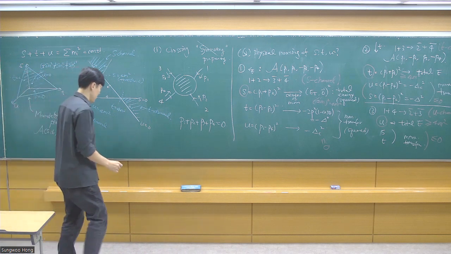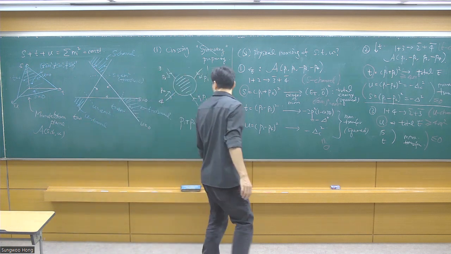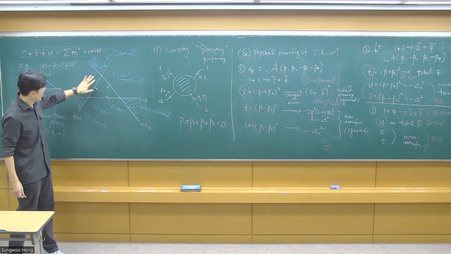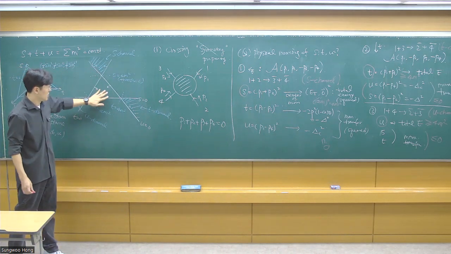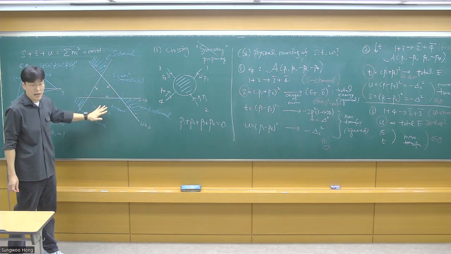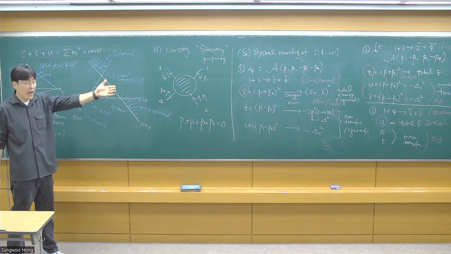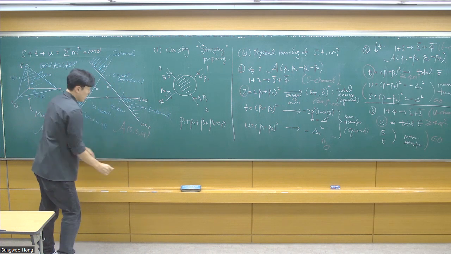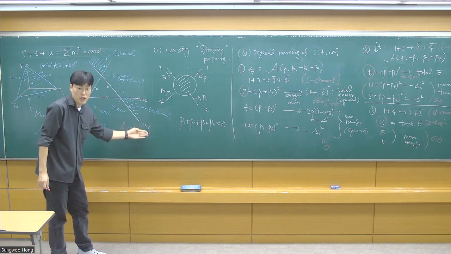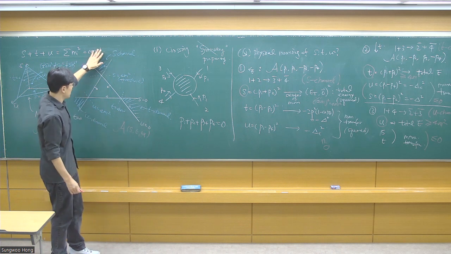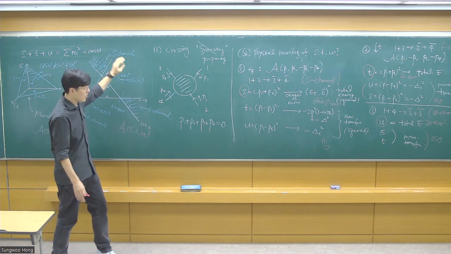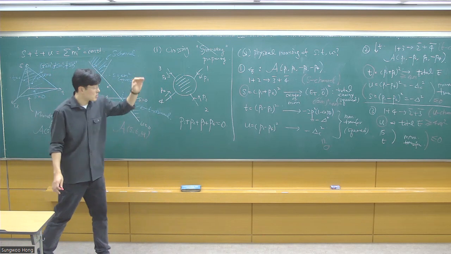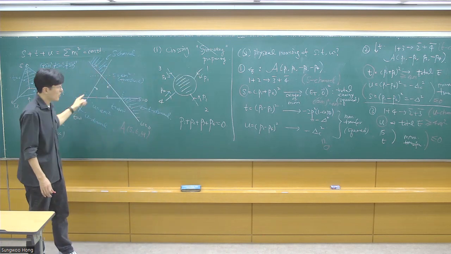Now we are prepared enough to state the crossing. First of all, if you are somewhere else, here and there, there is no other possible physical process happening. Take the function A of S, T, U, and look at the regime of some values of S, T, and U. If you are in one of these regions, there is a physical process associated with it, and it is nothing but that process, not the other ones. If I go to the region here, there's a physical process, which is that T channel process. If you go here, there's also a physical process.